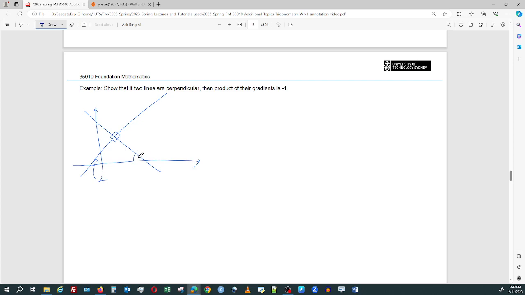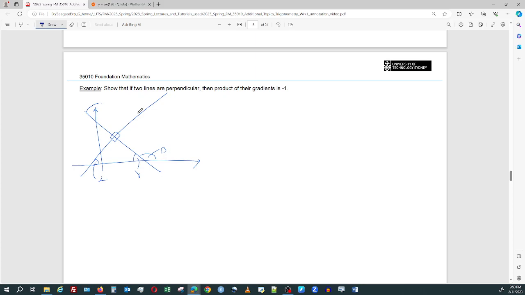This one over here would be gamma. And the whole angle beta. This one here we'll call beta.